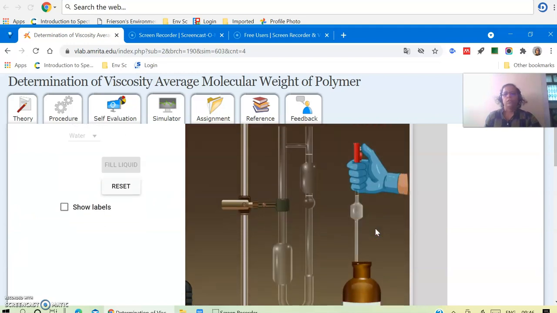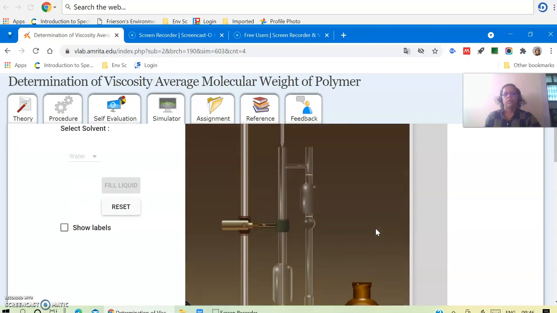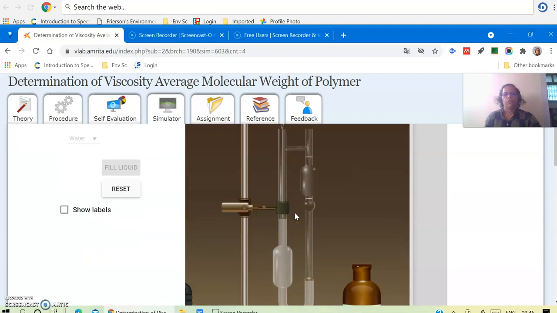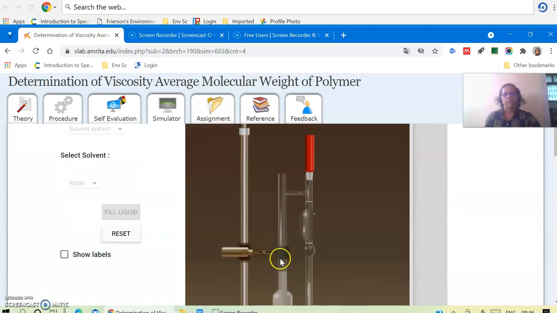In the simulation, the pipette is used to fill the Ostwald viscometer. You will add it on the bulb side, and the viscometer is filled with the reference liquid, that is water. Now see, the levels are adjusted.